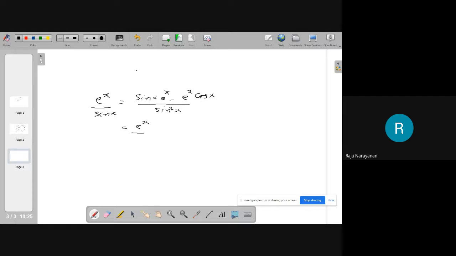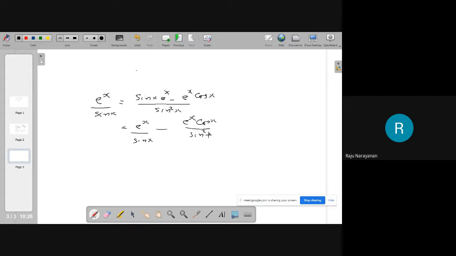Sometimes it may take it as cot x into something.